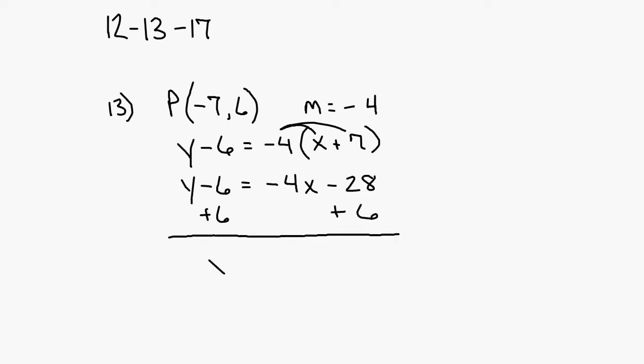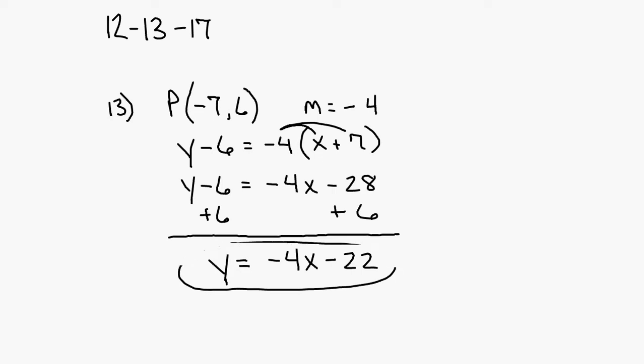So now you've got y equals -4x, and -28 plus 6 is -22. So there's your equation in slope-intercept form for a line that passes through this point with this slope.